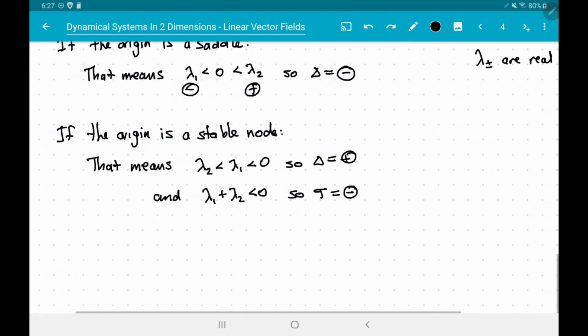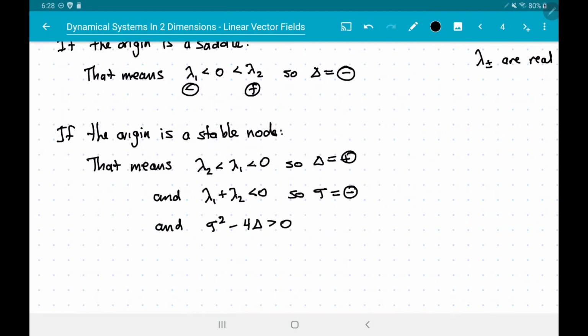Okay, so going back to here, if the origin is a stable node, that means that the determinant is positive, the trace is negative, and tau squared minus 4 delta is greater than 0, so we get real numbers out of the quadratic formula in the first place.